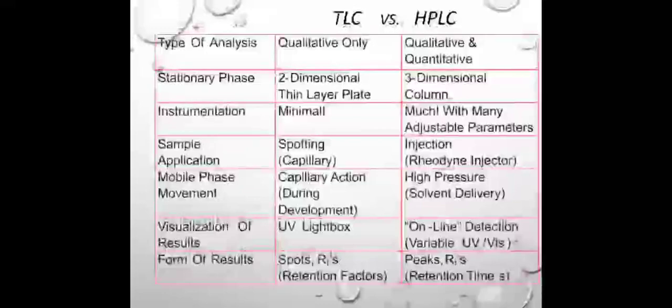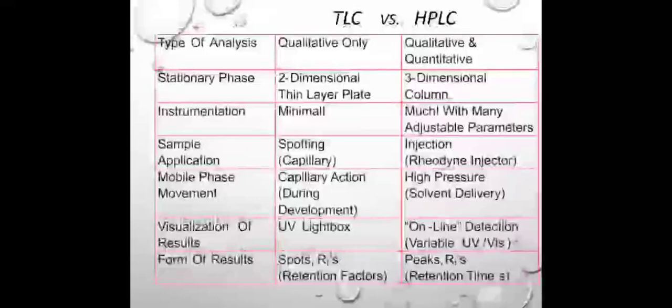So this is a sophisticated technique because we can apply a sample under high pressurized conditions. Then mobile phase movement. In TLC, the mobile phase movement takes place by capillary action, but in HPLC there is high pressure solvent delivery with the help of a pump.